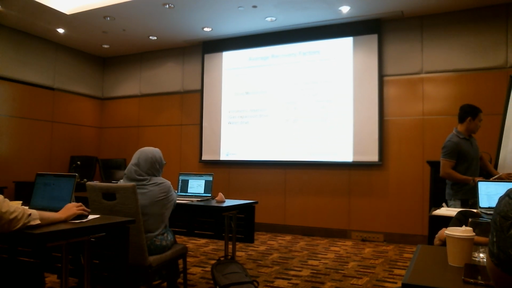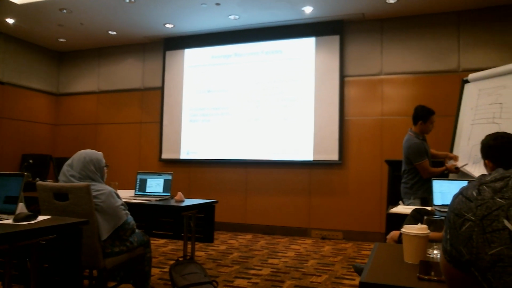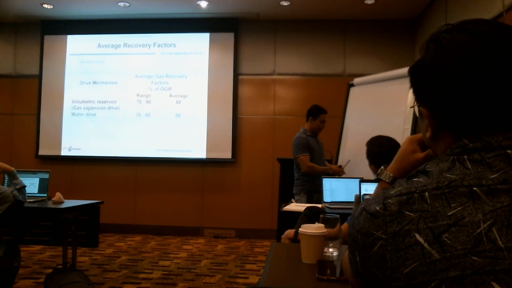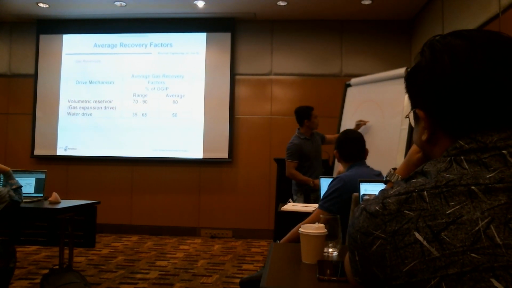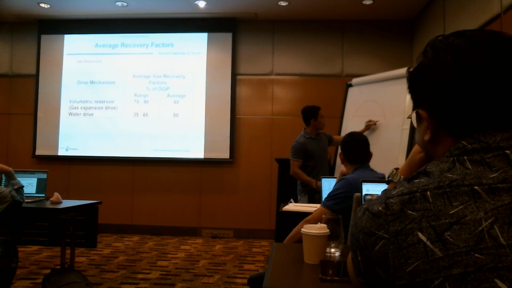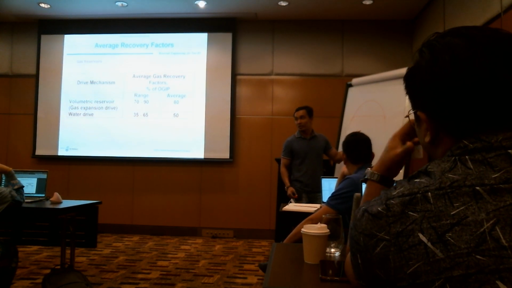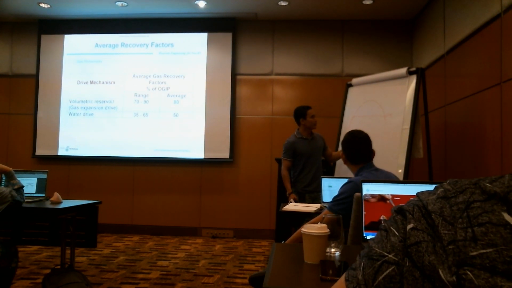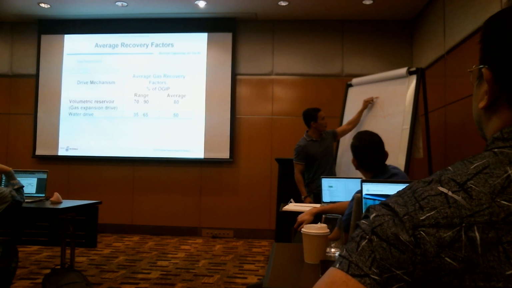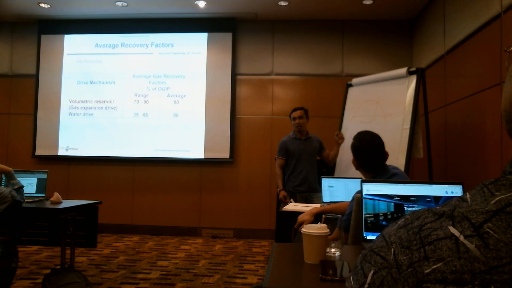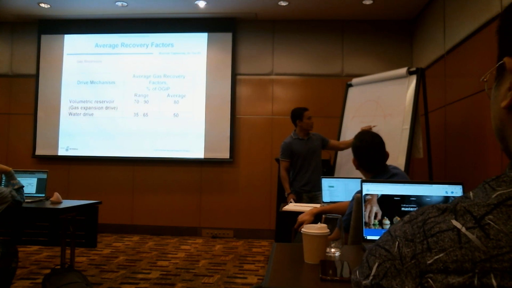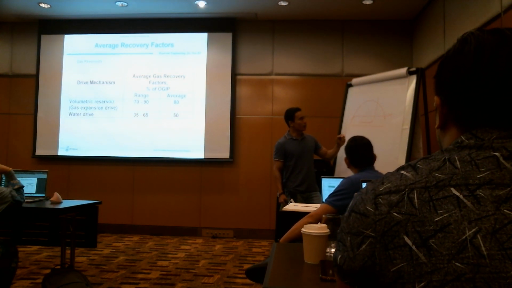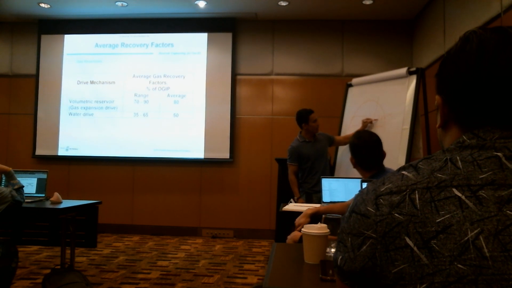Okay, for example, you have this reservoir, right? This is your original contact, the initial contact. As you produce, here is your completion, for example a horizontal well. You produce from this interval. As you deplete, the oil column will shrink, right?